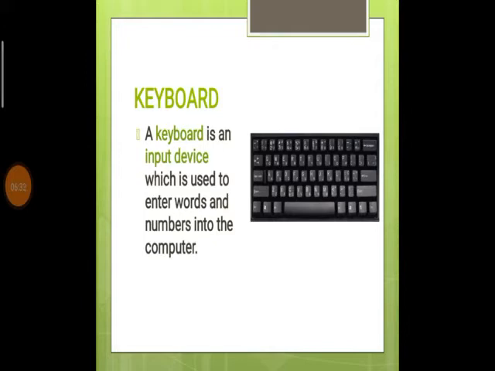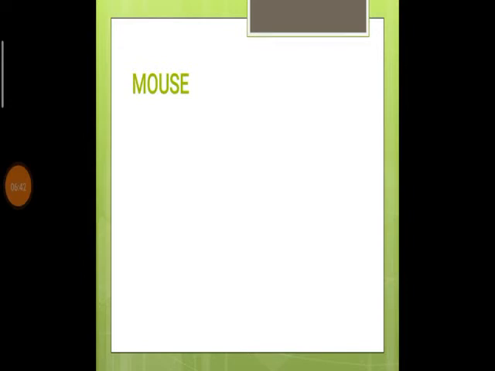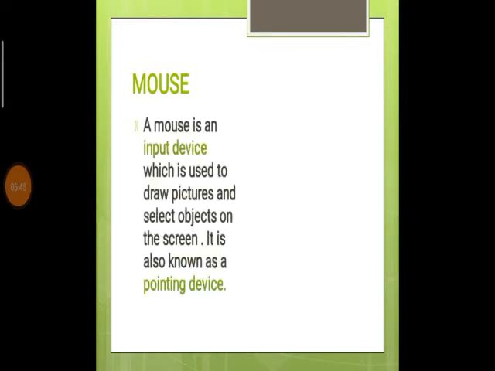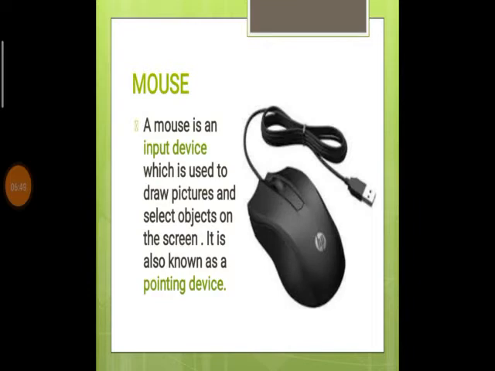Now move towards the next input device, which is the mouse. A mouse is another most commonly used input device. It is used to draw pictures and select objects on the screen.